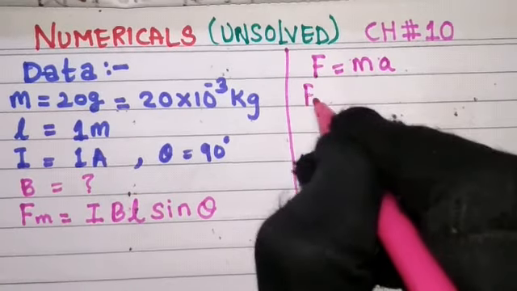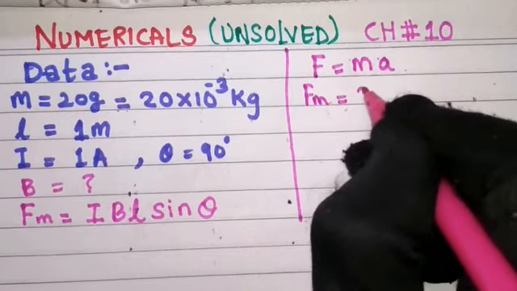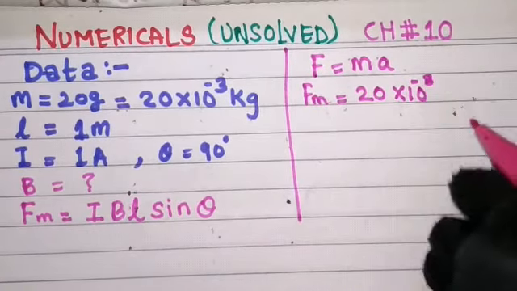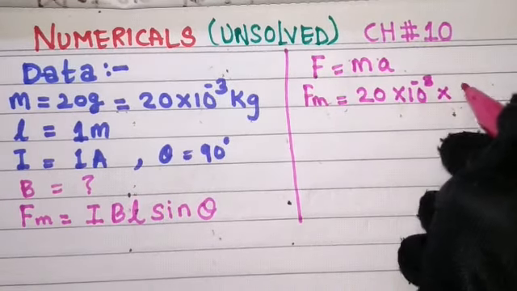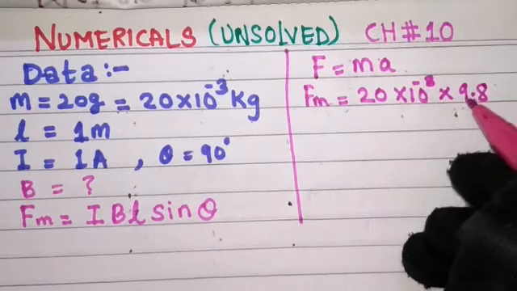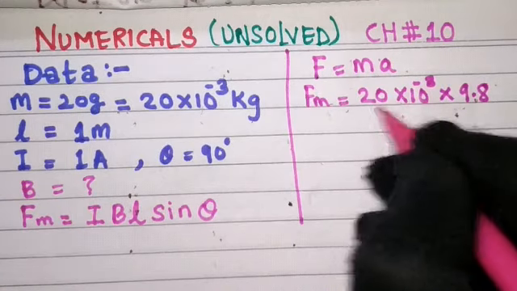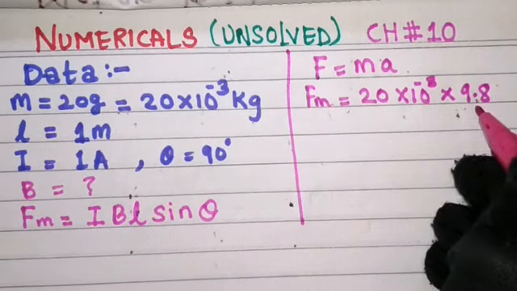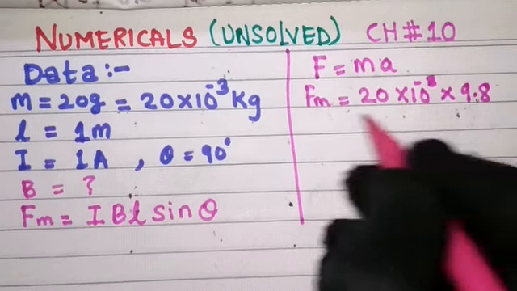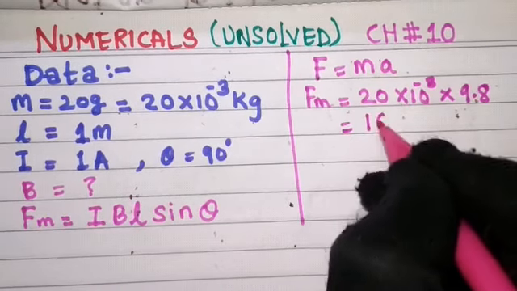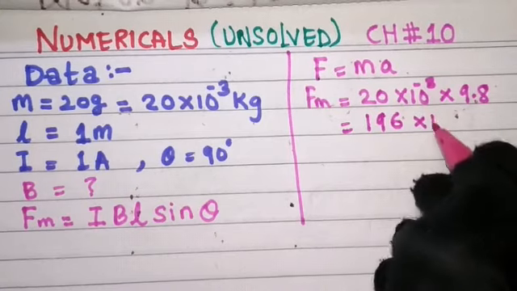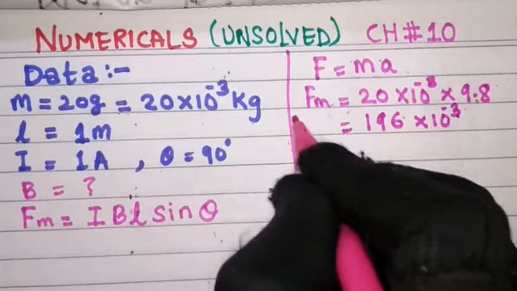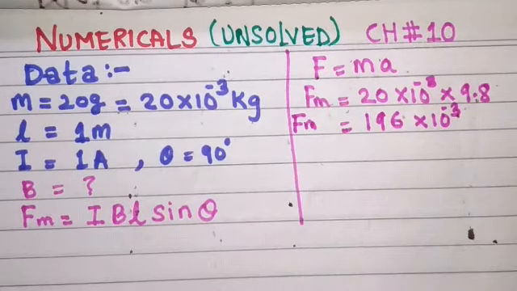So F, that is the magnetic force, is nothing but mass, given as 20 into 10 raised to minus 3 kilogram, into acceleration due to gravity, that is 9.8. Now 20 into 9.8, that is 98 twos is 196, into 10 raised to minus 3. So we have got the magnetic force here.